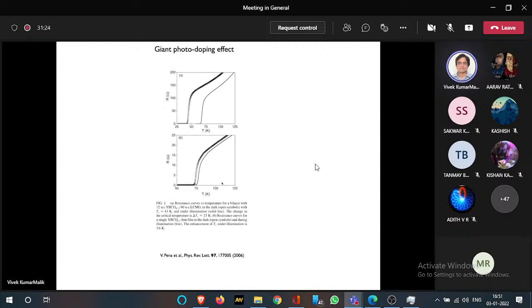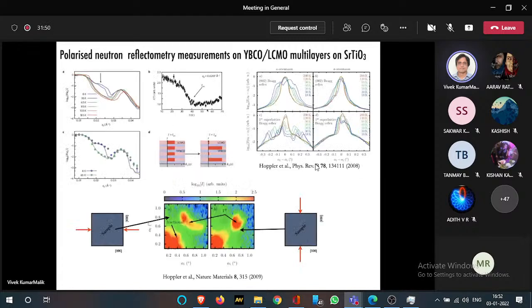It does not change that much. But when you have a bilayer, that means two layers, one layer of 12 unit cells of YBCO and 40 unit cells of LCMO, the change in the TC is very large, approximately 30 Kelvin. So there are some unusual effects, which we cannot even predict, that happen in this kind of multi-layer.